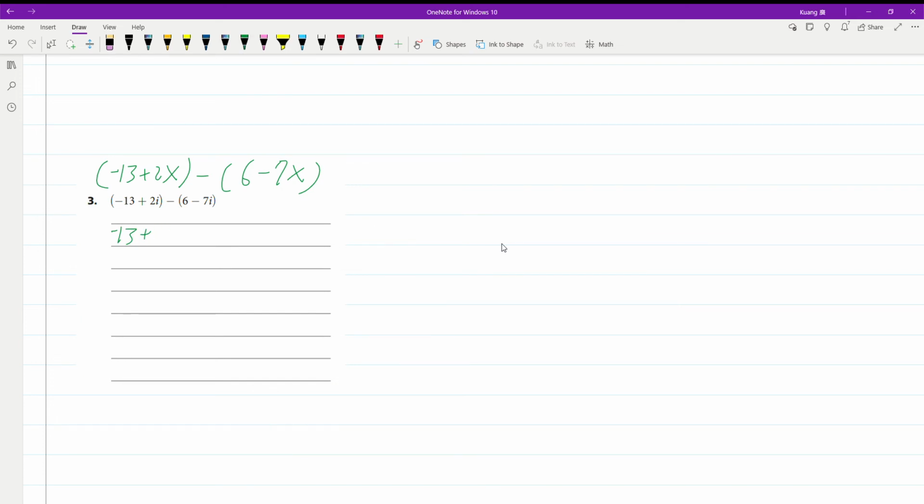Just remember, if you see a negative sign in front of parentheses, so negative 6. Some people will say negative 7. Wrong, wrong, wrong. Plus, because negative makes it plus. Right? Because 10 minus 2 plus 3 is 10 minus 5, which is 5.